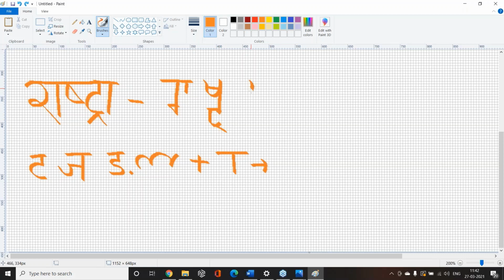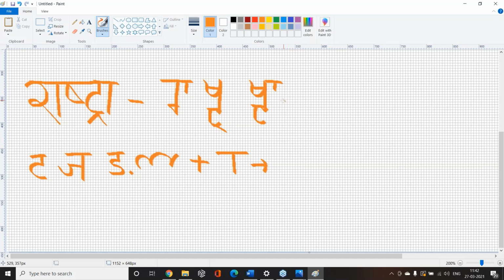The matra a goes with the shirorekha, so it should come here, correct? And t should come here, right? So this is as per the general rule. All the matras which are written with the shirorekha go up.